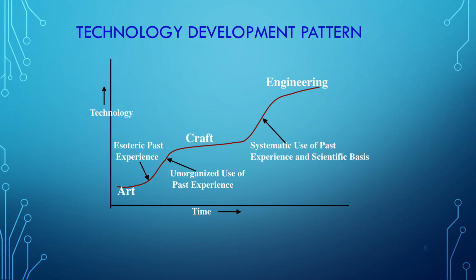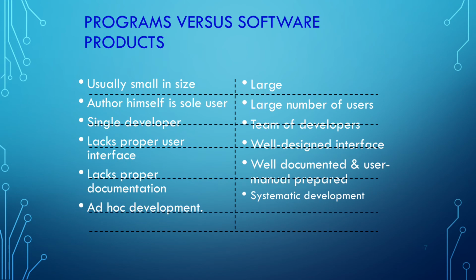So the last thing we'll discuss today is the difference between a program and software. See, you all have developed a program in first year. So what is a program? A program is usually small in size, and can be developed by a single user, correct? Whereas what is software?